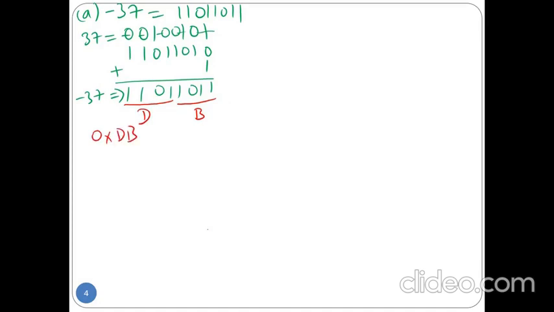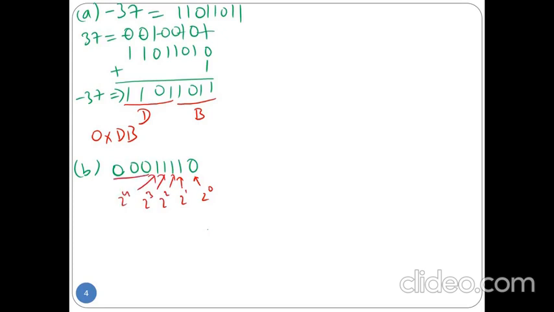All right. Part B was basically asking us to convert this binary string 00011110 into hexadecimal and decimal. To convert this into decimal, recall that every digit here represents a power of 2. So this is 2 to the power 0, 2 to the power 1, 2 square, 2 cube, and 2 to the power 4.